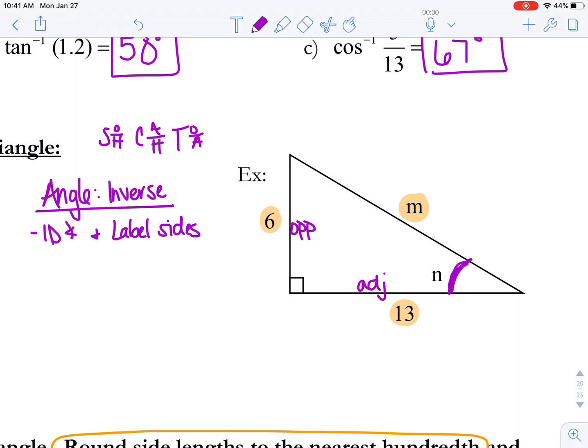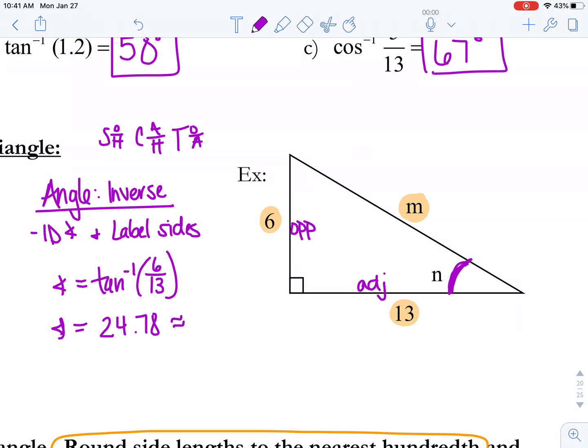Well, that's tangent. So I'm going to set up my inverse trig equation to solve for my angle with tangent. So it's going to be inverse tangent of the opposite over the adjacent, so inverse tangent of 6 over 13. Once I plug in my side lengths and set up my equation for my angle, now I can just type it into my calculator and get that the inverse tangent of 6 over 13 comes out to be 24.78.